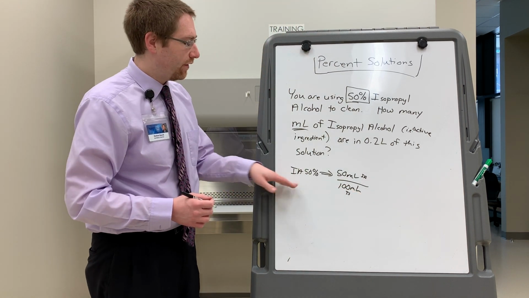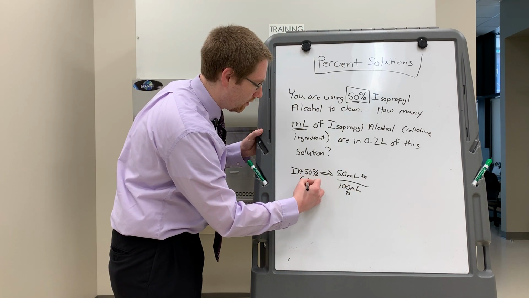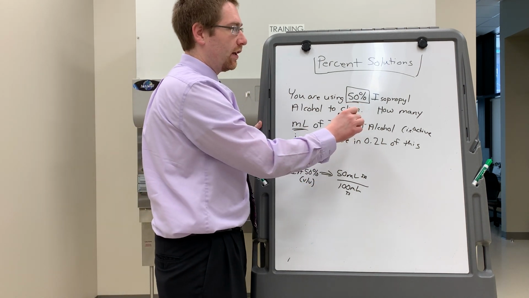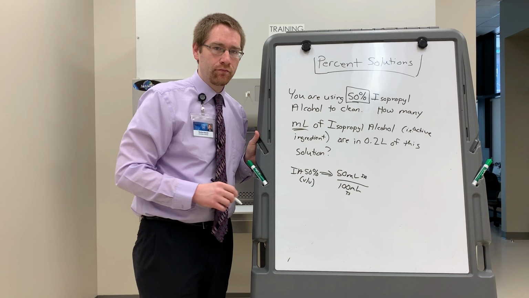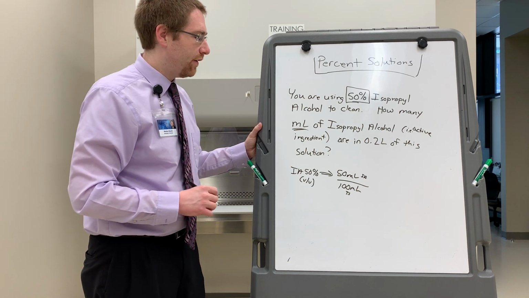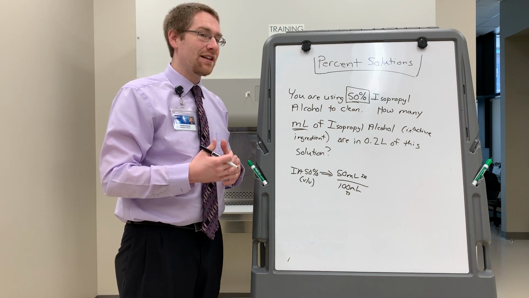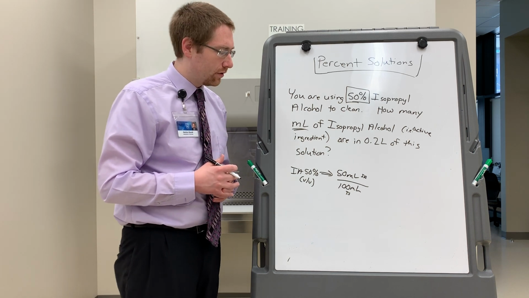Okay? So the 50% in this case is a volume to volume. And again, I know that because I'm solving for a volume in a volume. Okay? So I got 50 mLs of isopropyl alcohol. How much of that is in 100 mLs of total solution?